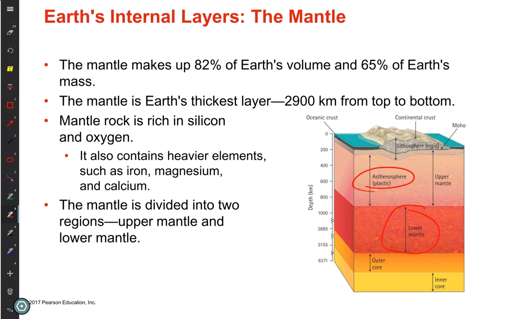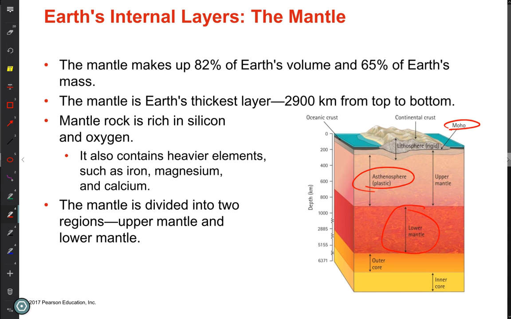And so the tectonic plates, the little pieces that Wegener predicted were moving about, float on top of that asthenosphere, and it acts like the grease, if you will, for them to slide. And then on top of that, you have the crust. And the Mohorovicic, otherwise called the Moho because it's kind of hard to say Mohorovicic, is the boundary layer between the crust and the upper mantle.